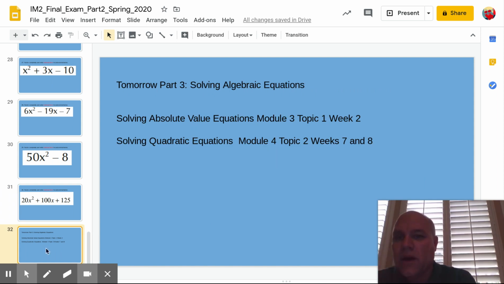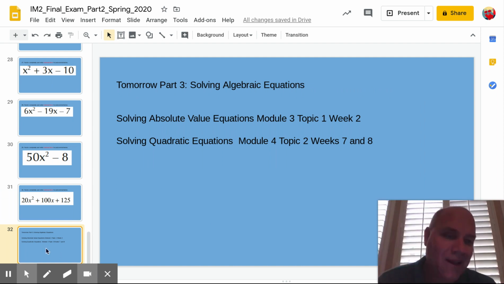All right, tomorrow, part 3 is solving algebraic equations. The first part is going to be solving absolute value equations. That's from Module 3, Topic 1, I think the lessons were around week 2 of the course for Q4. And then what we've been doing the past couple weeks, week 7 and week 8, solving quadratic equations.